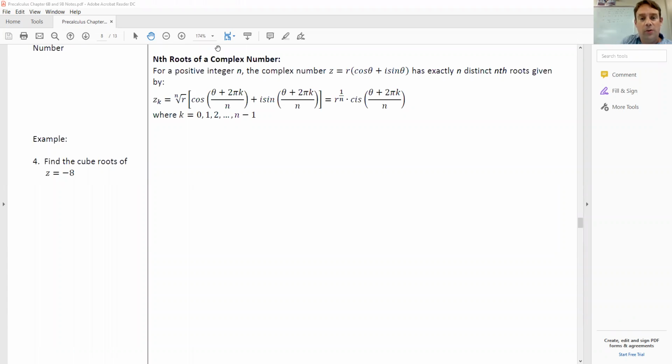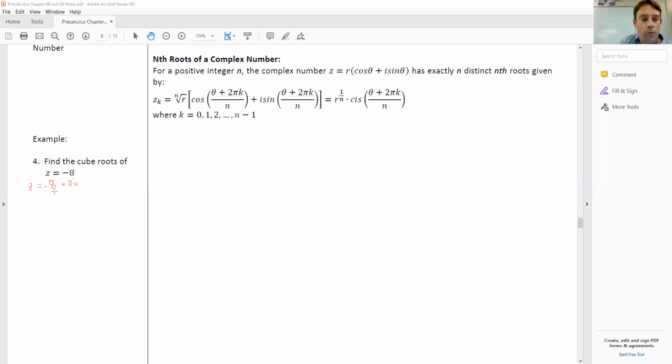First thing, whenever you're dealing with any sort of imaginary number, even though -8 doesn't look like an imaginary number, it's still a complex number. It helps to figure out where it is on the graph. So we need to know what the modulus and the argument is for this. So -8 plus 0i.